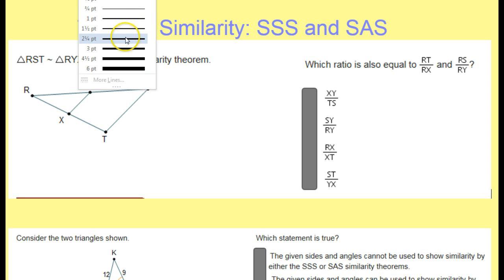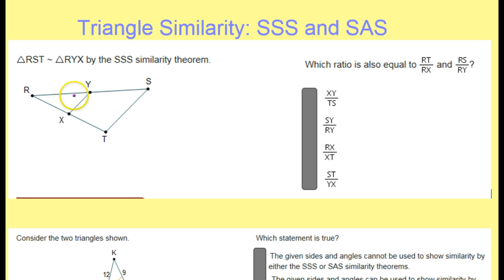Sometimes it helps to put some colors on here so we can see the triangle. So we have this small triangle here, and that is similar to the big triangle, which I will outline in blue. So we got the small triangle and the big triangle.